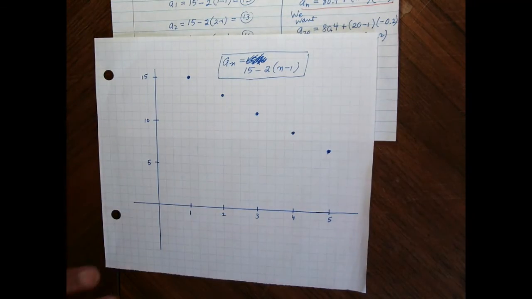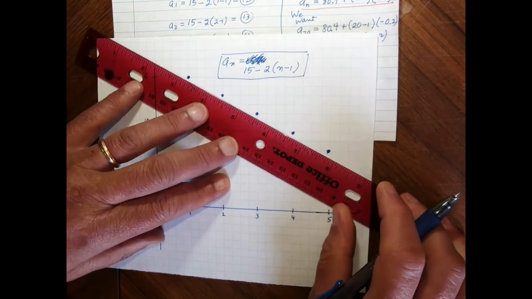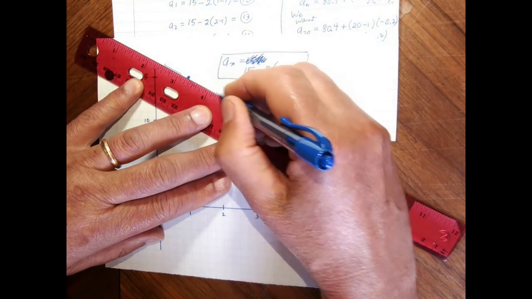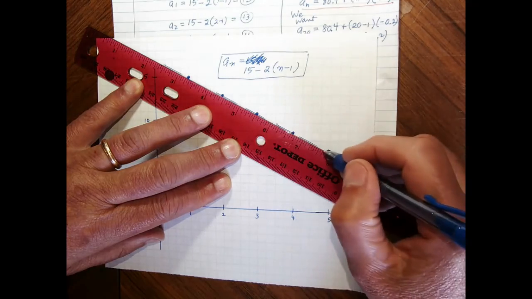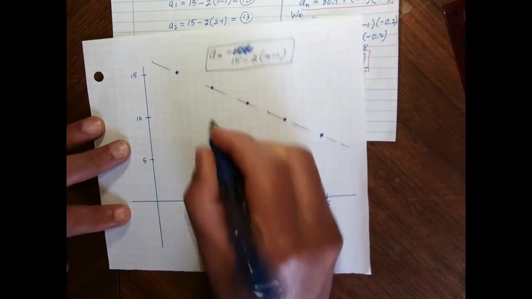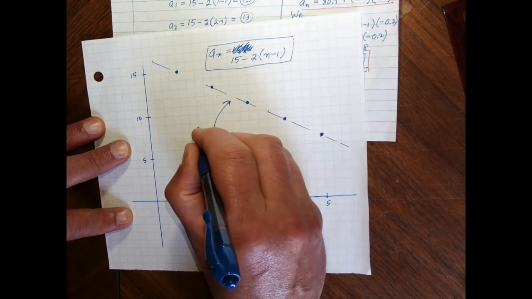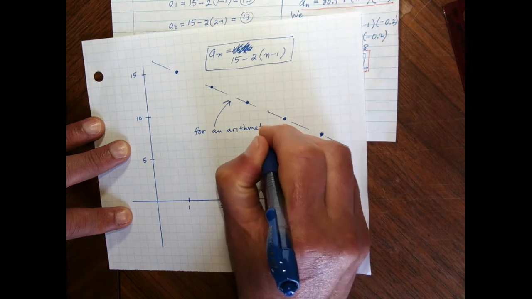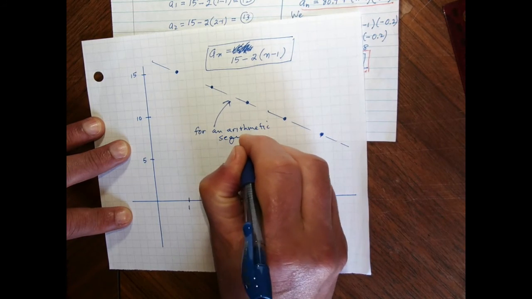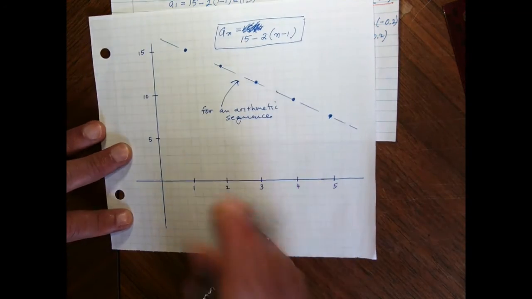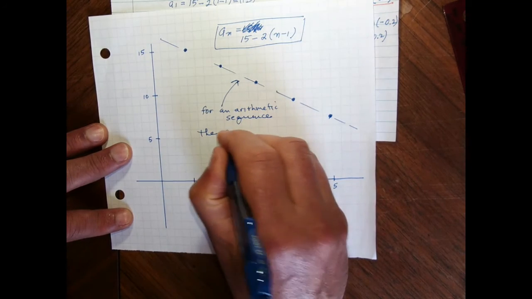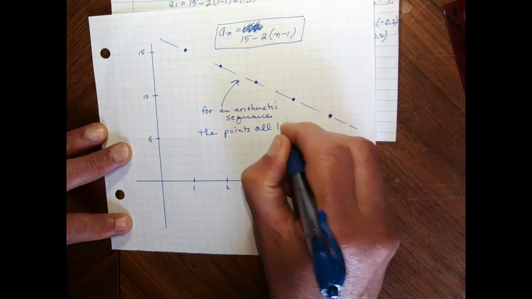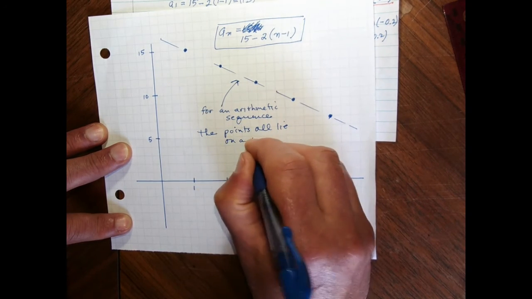Just the one observation I want you to make is that for an arithmetic sequence, these points all line up along a straight line. So for an arithmetic sequence, the points all lie on a straight line.